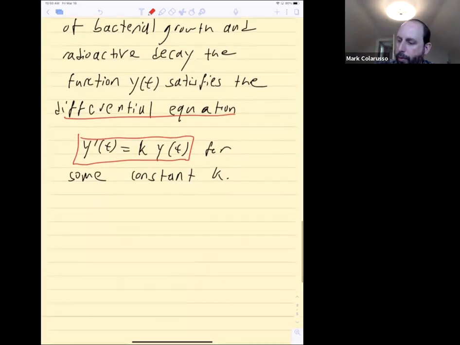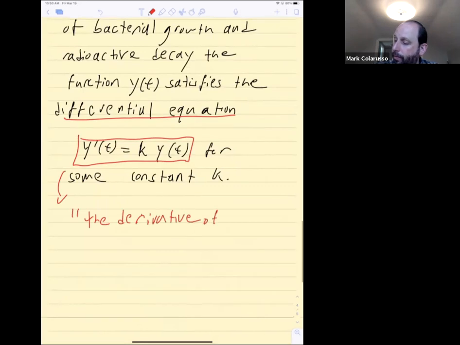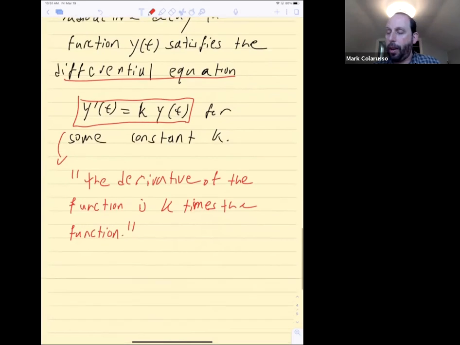So in layman's terms, the derivative of the function is k times the function. That's all it's saying.